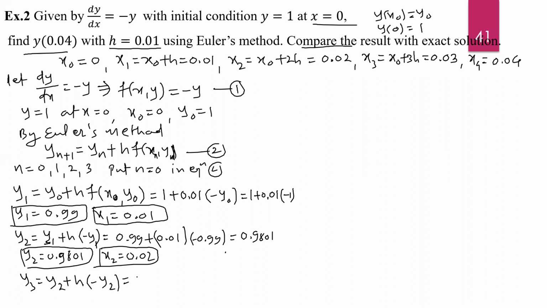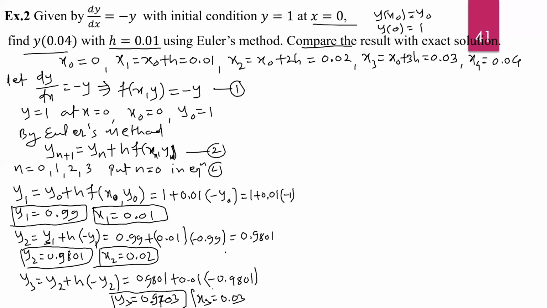Here y2 is 0.9801, plus h which is 0.01, and minus 0.9801. Simplify this, then we get y3 is equal to 0.9703, at x3.